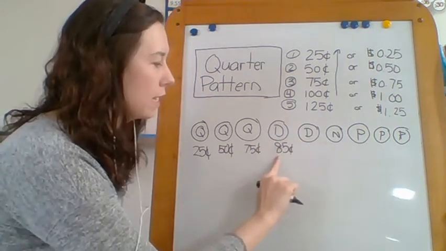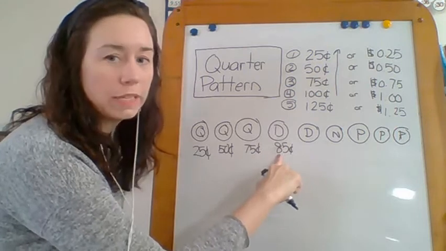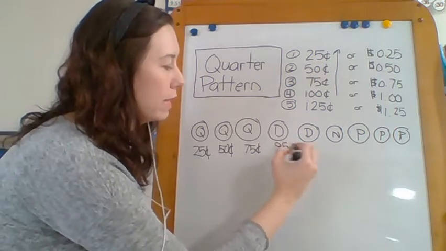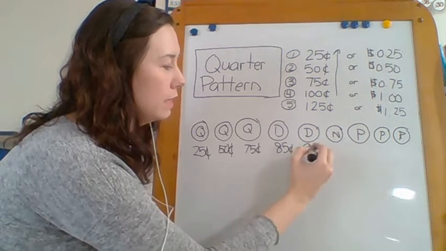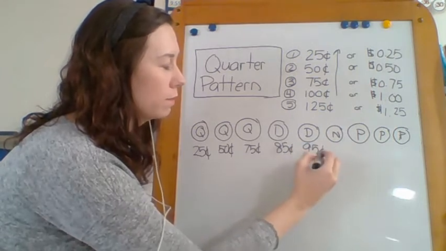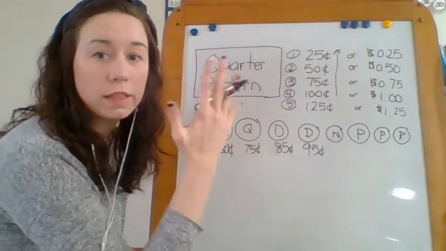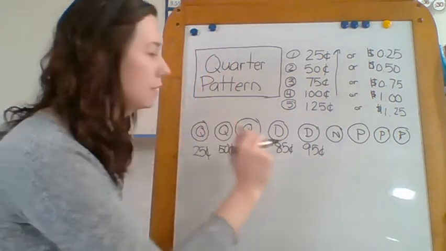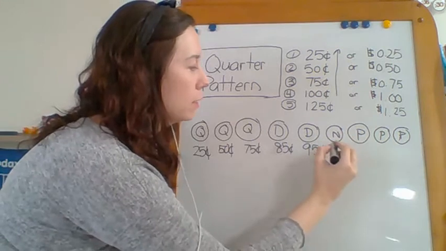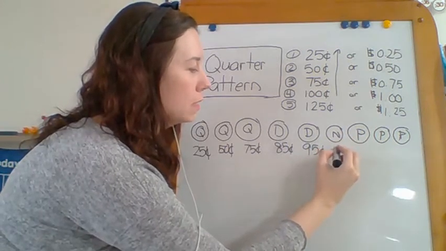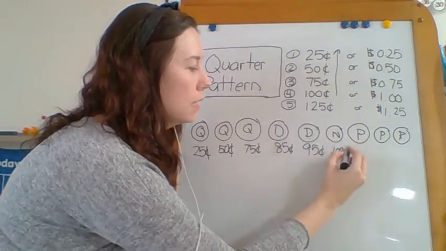Then I take that again. I'm only changing my tens. So 85 plus 10 more is 95 cents. Then I'm going to add a nickel, which is worth 5 cents. So 95 plus 5 more is 100 cents.